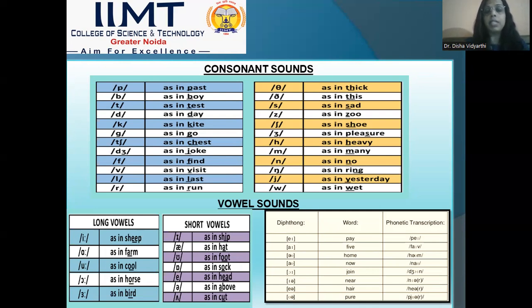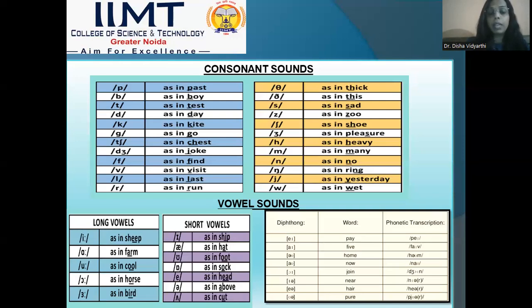In the same way, when we start the sound system, here also we start with the basic thing, and the basic thing in understanding the phonology of English is studying the symbols of those particular sounds. Like alphabets have a particular figure or symbol, the sound system of this language also has particular symbols. If you can see in the chart, under the consonant sounds, per sound as in past.